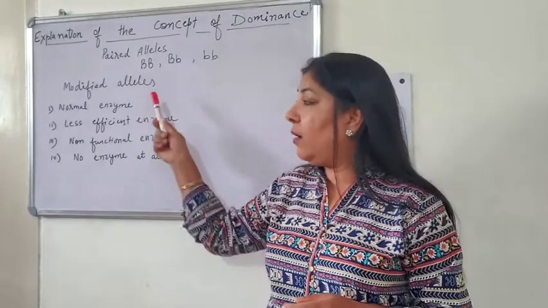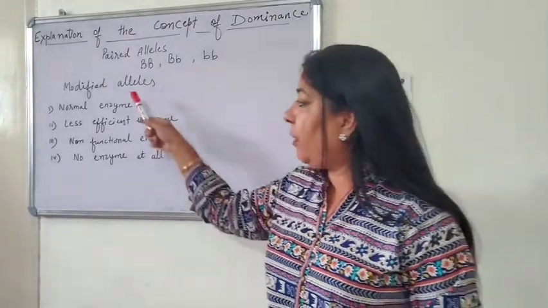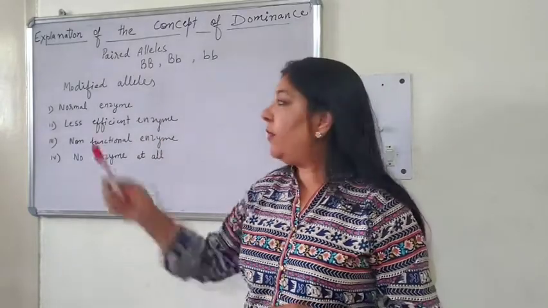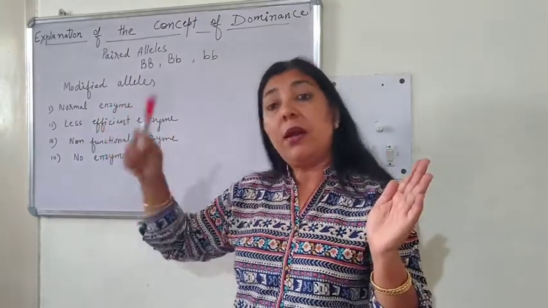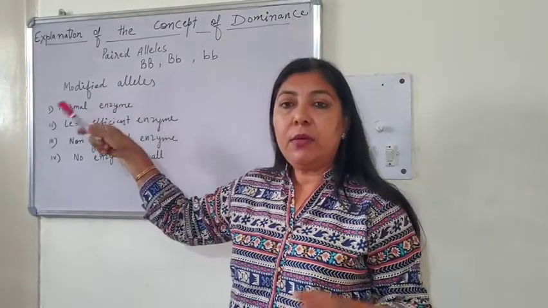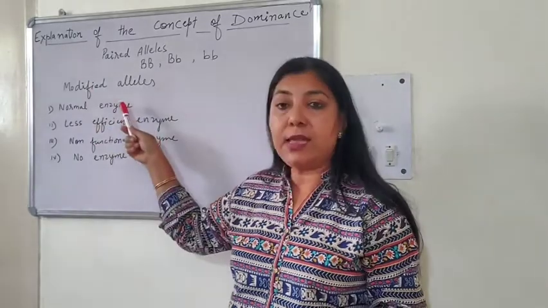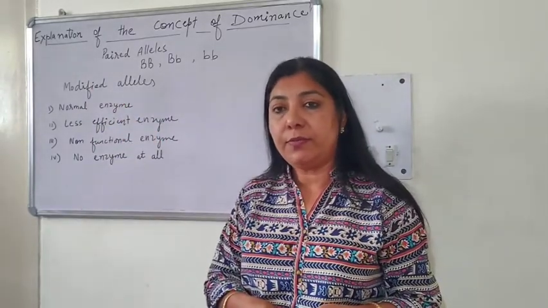So let us see what all can be the cases. There can be 4 cases. First, as I mentioned, one allele is normal, the other allele is also normal because it is producing a normal enzyme. So the phenotypic expression will be dominant.